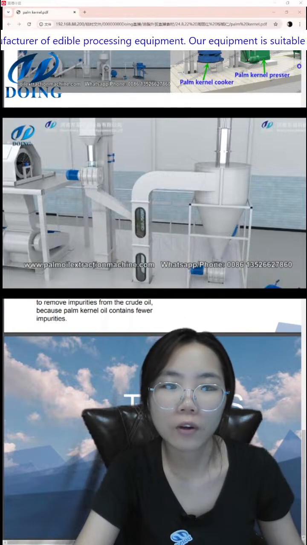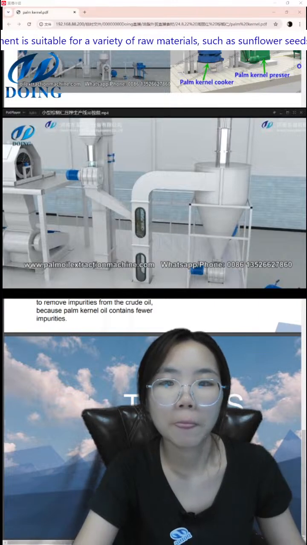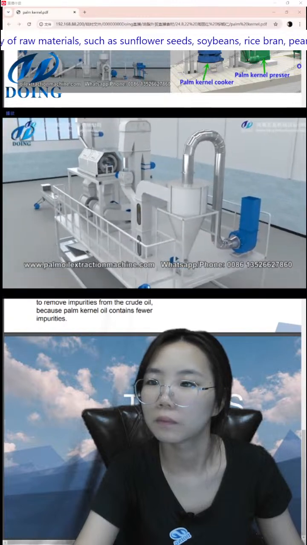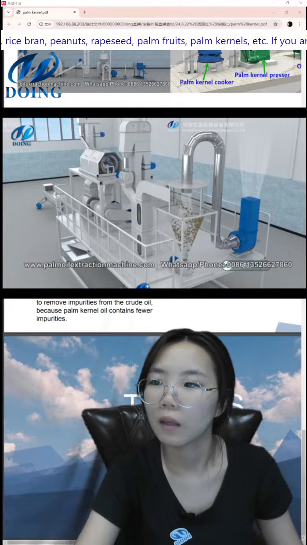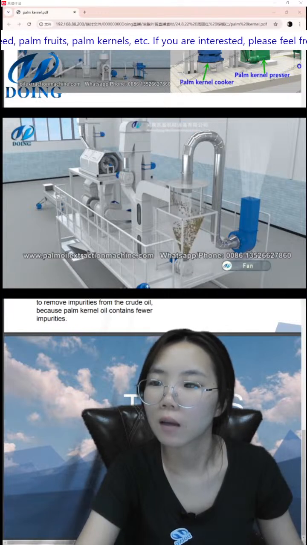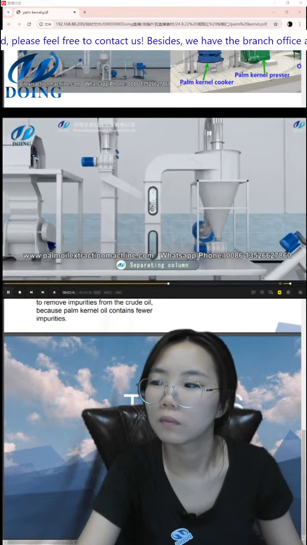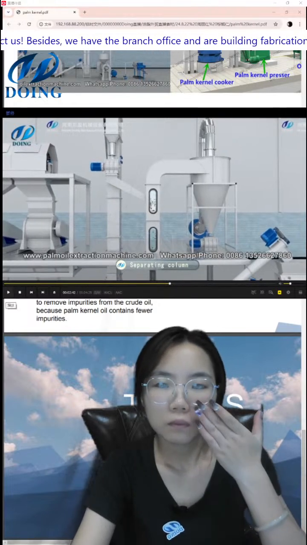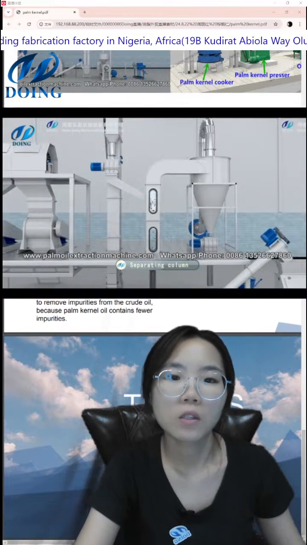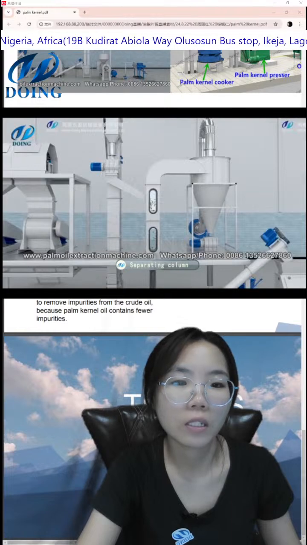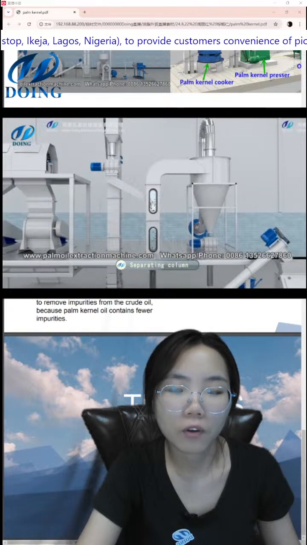Under the condition of centrifugation, the separation efficiency is achieved by using the different specific gravity of the kernel and the shell.